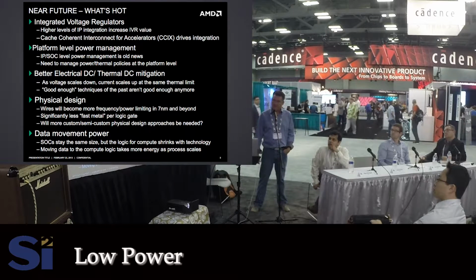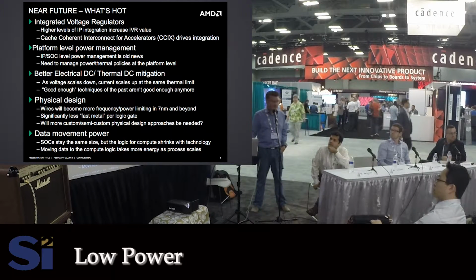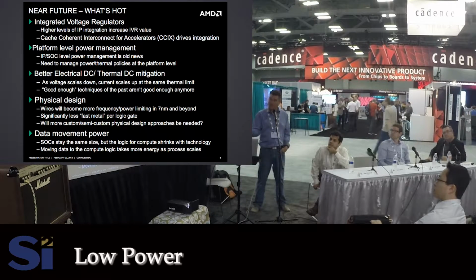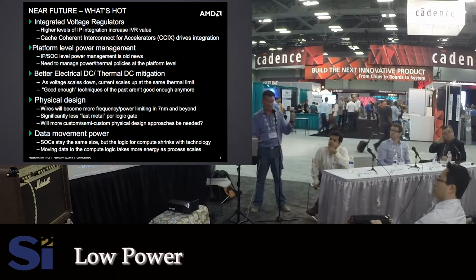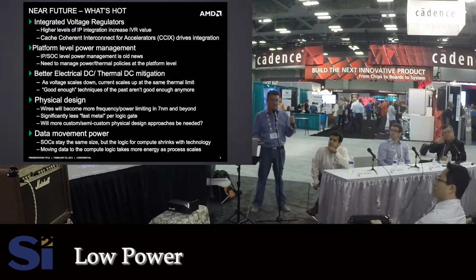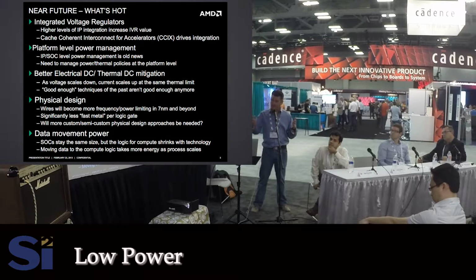Better electrical design, current thermal design, current mitigation techniques. And this again goes to the process scaling that Jerry points out. As VTs continue to drop, what's happening? In my same thermal budget, my thermally constrained power budget, my voltage is dropping, which means my current is increasing. And it's starting to become very challenging to get enough power out of the regulators that we have on our boards without violating EDC or TDC.